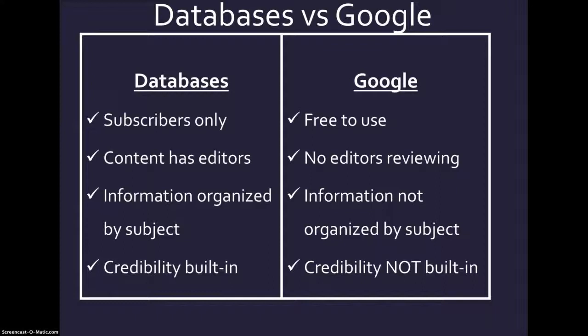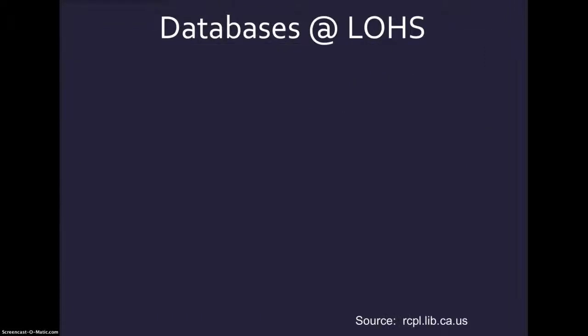By contrast, search engines such as Google, Bing, and Yahoo have information that's free to use, but they do not have editors reviewing that information, and the information is not organized by subject. So credibility is not built in when you find information through a search engine, and you do have to apply the 4 CARP tests.